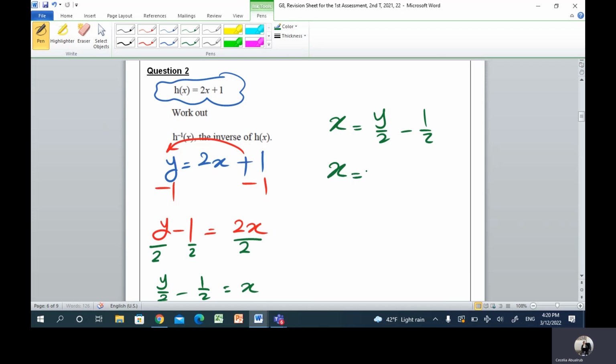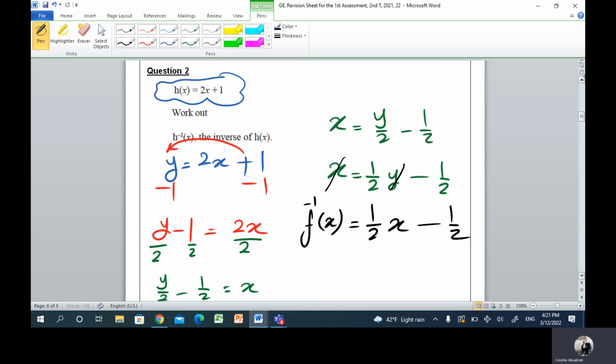And we can split the y and the 2 in the denominator as half of y minus half. So then the last step, replace the x with h inverse of x equals to, and replace the y with x. So it will be half x minus half, and you're done.